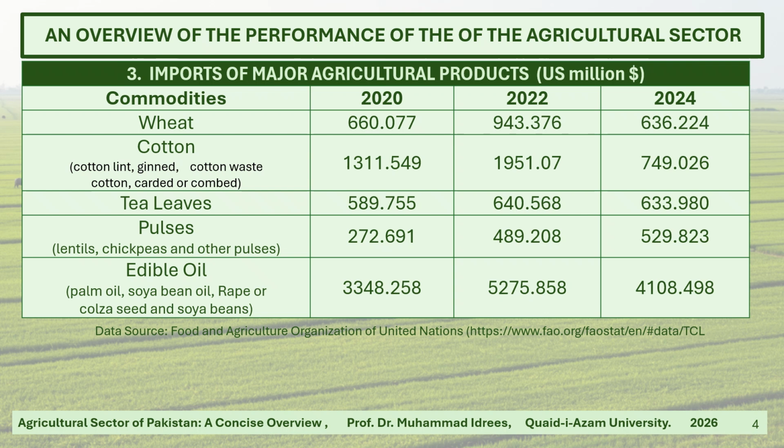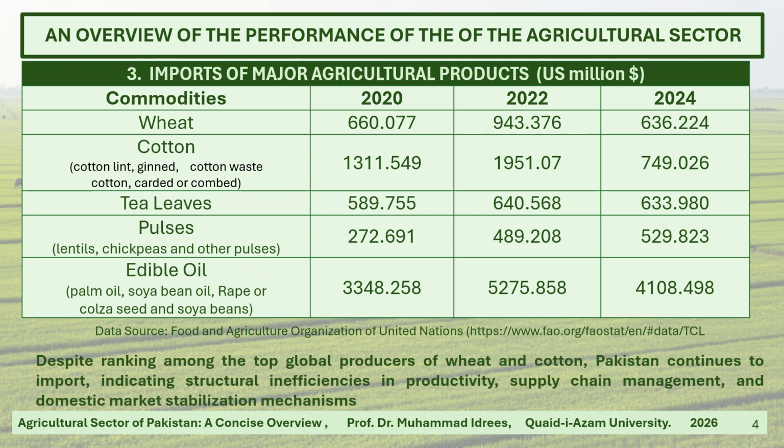But when we are importers, we are importers of cotton lint, cotton waste, and cotton yarn. So these statistics are quite disappointing. Despite ranking among the top global producers of wheat and cotton, Pakistan continues to import, indicating structural inefficiencies in productivity, supply chain management, and domestic market stabilization mechanisms.